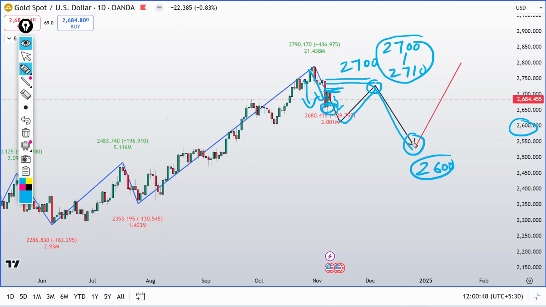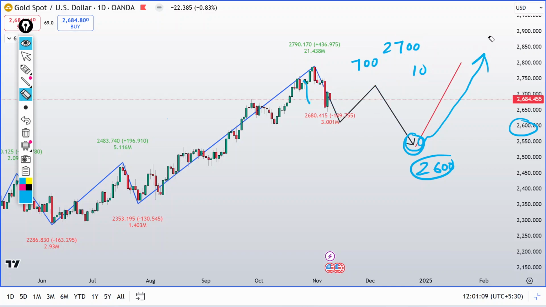And on December end, I think we can look for buying opportunities toward the higher price side. So this is the view on the daily time frame as per the current scenario. So currently I am looking for a down move, then a buy, then a down. This is the formation that is possible on the daily time frame.